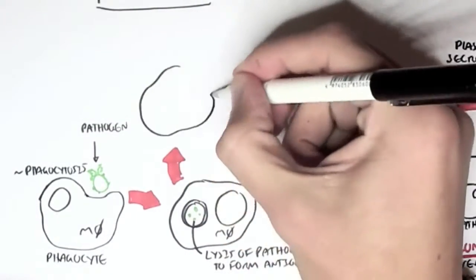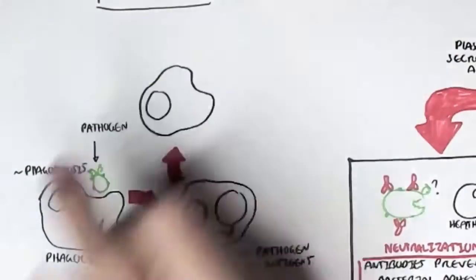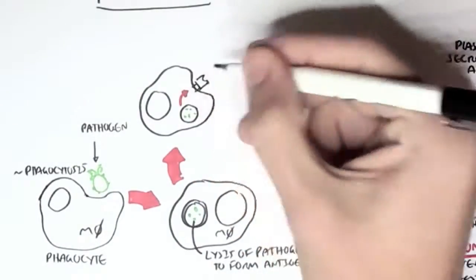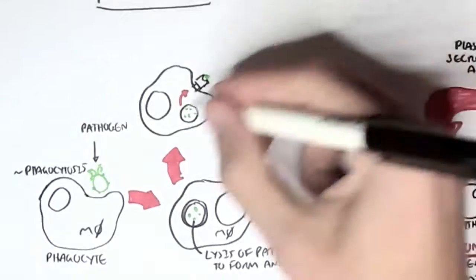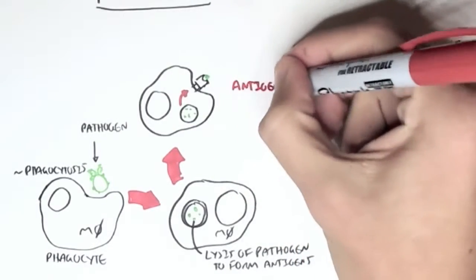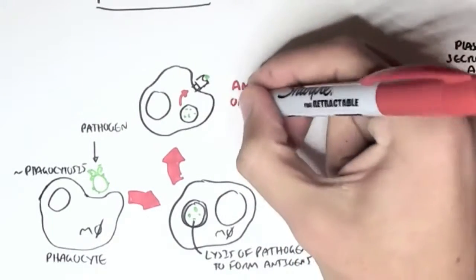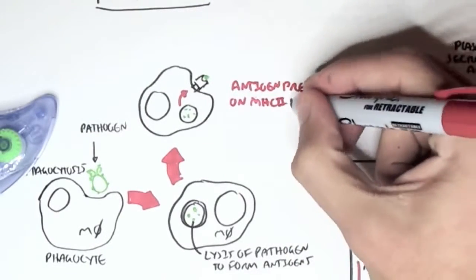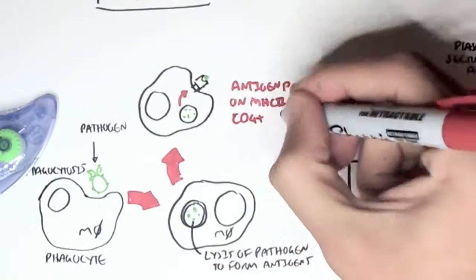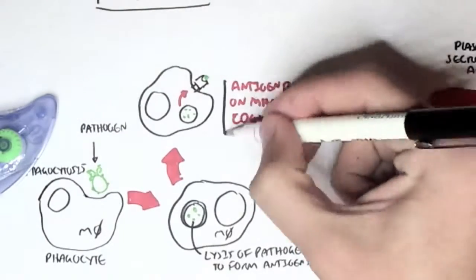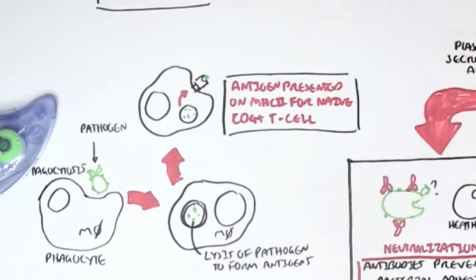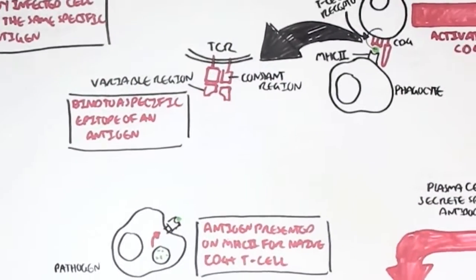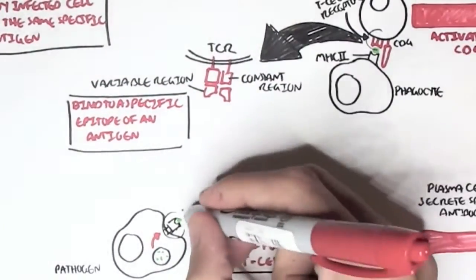And through this, the antigen-presenting cell, this phagocyte, will process these antigens and then present them on a major histocompatibility complex class 2. And then it will present this major histocompatibility complex class 2 with the antigen to the naive CD4 T cell. The naive CD4 T cell will only recognize a specific type of antigen through its T cell receptor.